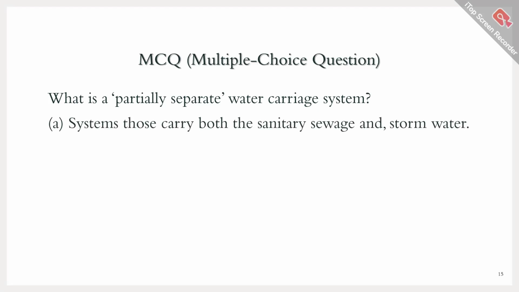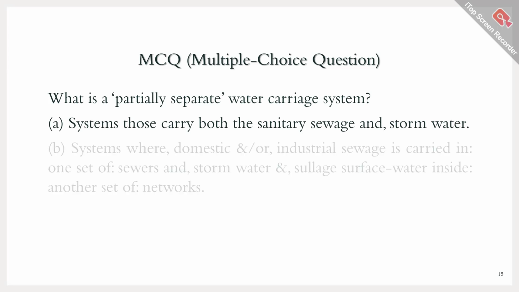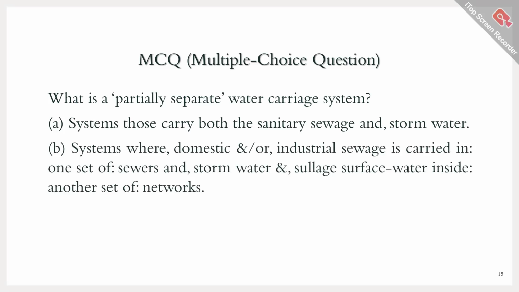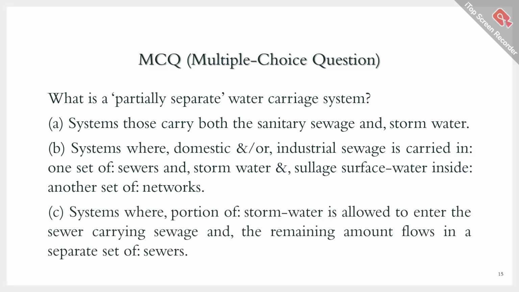Option A, systems that carry both the sanitary sewage and storm water. Option B, systems where domestic and or industrial sewage is carried in one set of sewers and storm water and surface water inside another set of networks.